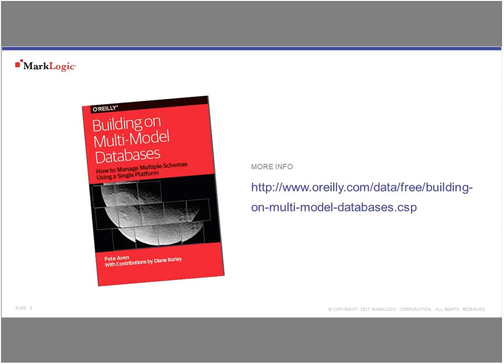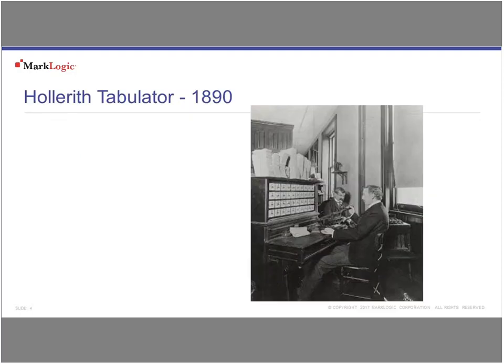If we were doing this live, I would ask for a show of hands: when do you think the first database was invented? Typically the answers I get are sometime in the 1940s or 50s, and people have this image of Admiral Grace Hopper taking out her broom and physically debugging the computer by sweeping the bugs away. But actually the first database was in 1890, long before we had computers, by a guy named Herman Hollerith.